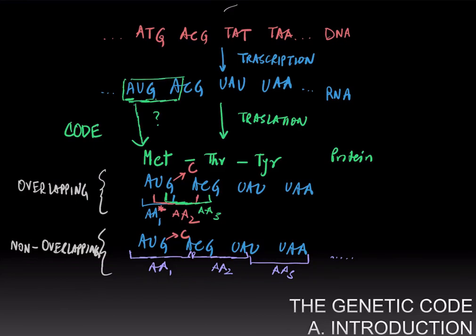Amino acid 2 was UGA and after the mutation becomes UCA. Therefore, amino acid 2 will also be changed. And the third amino acid was GAC, which will now become CAC. Therefore, amino acid 3 will also be changed.